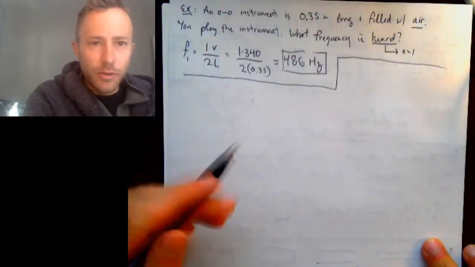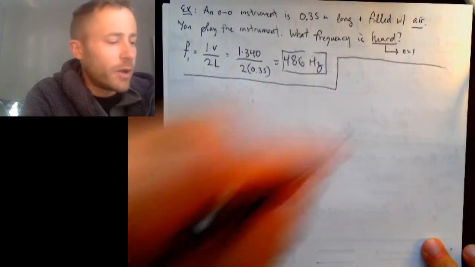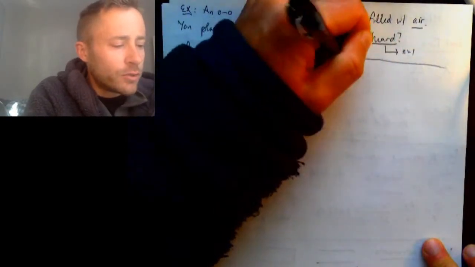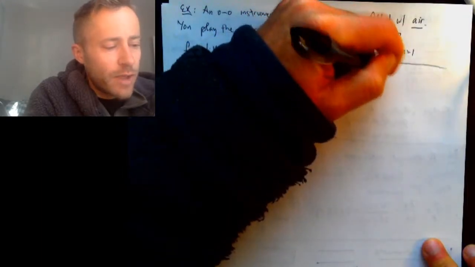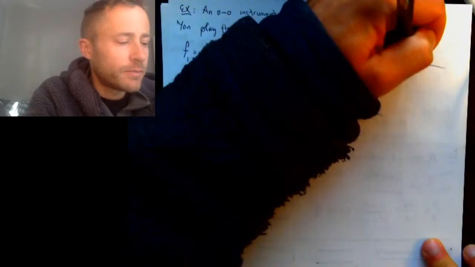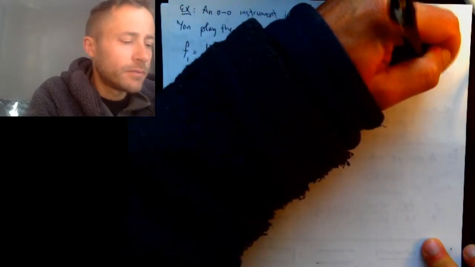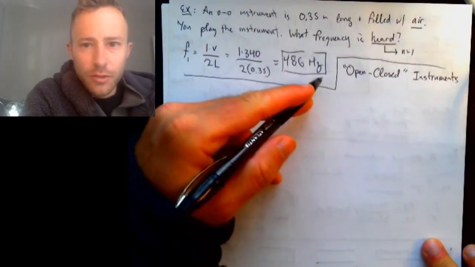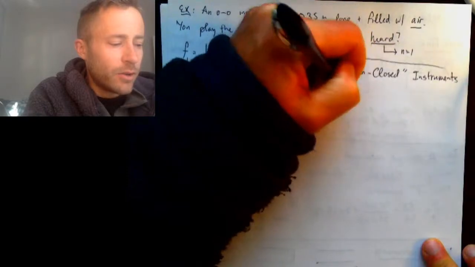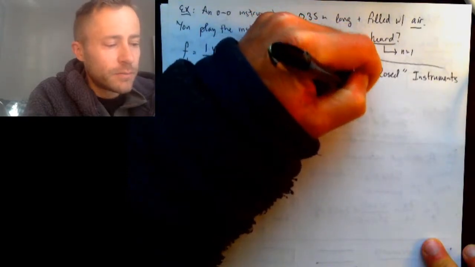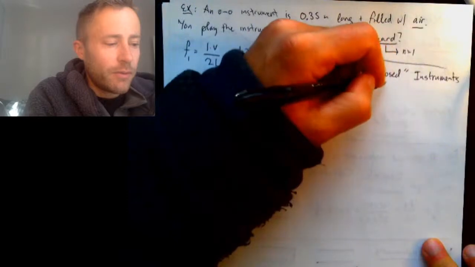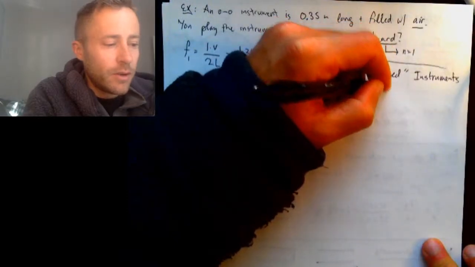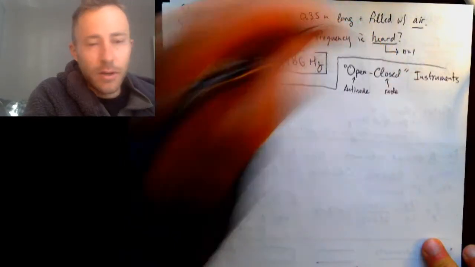So now what we're going to do is talk about open-closed instruments. And we're going to go through the same process. So open-closed instruments, they have an antinode at one end, and they have a node at the other end.